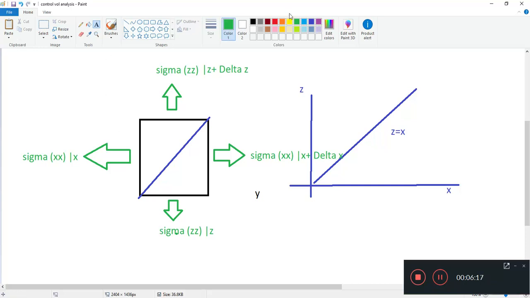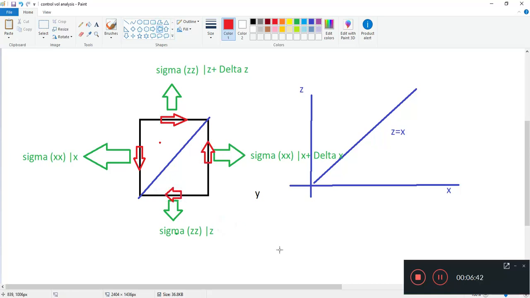Now let's take a look at our shear stresses. Positive is this way. I'm going to use red for shear stress. So downwards is positive here, and then we'll have upwards and leftwards.